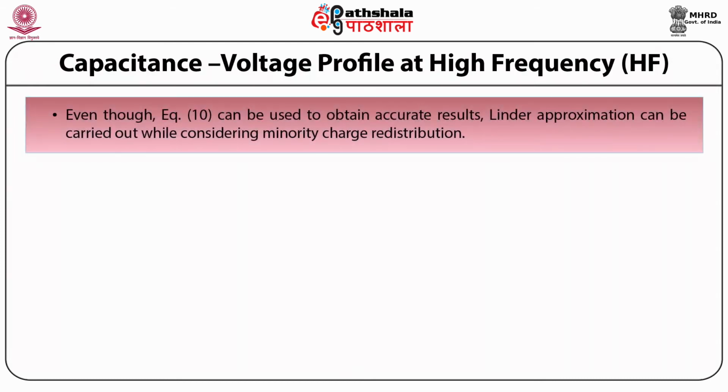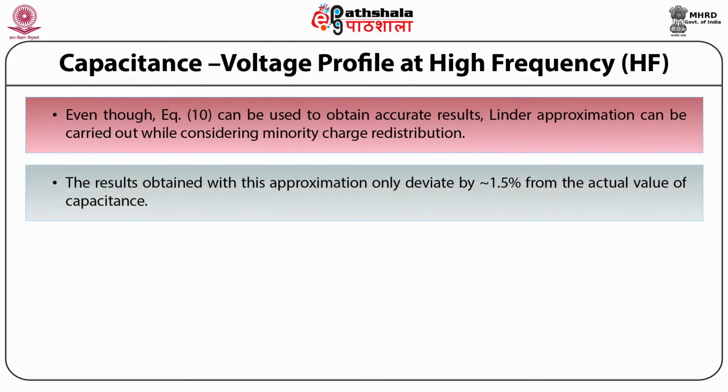Even though the equation mentioned in the previous slide can be used to obtain accurate results, linear approximation can be carried out while considering minority charge redistribution. The results obtained with this approximation only deviate by approximately 1.5% from the actual value of capacitance.